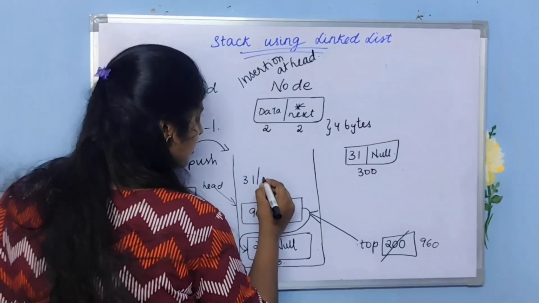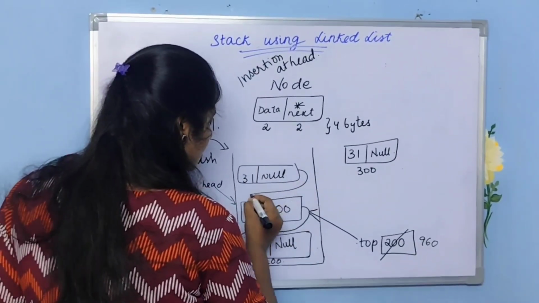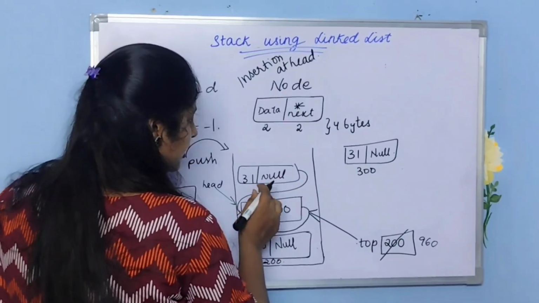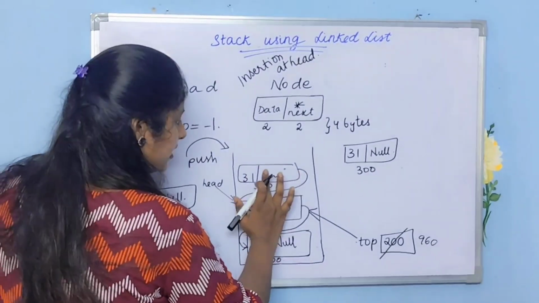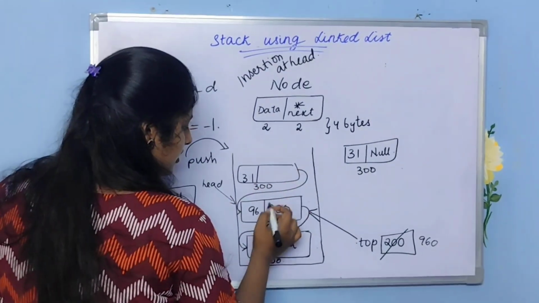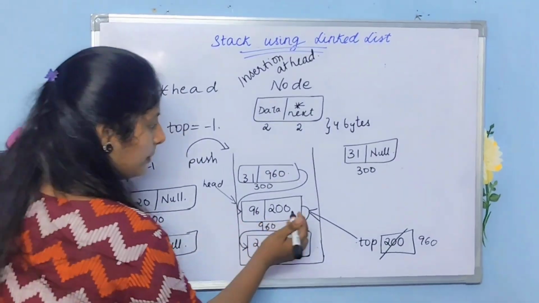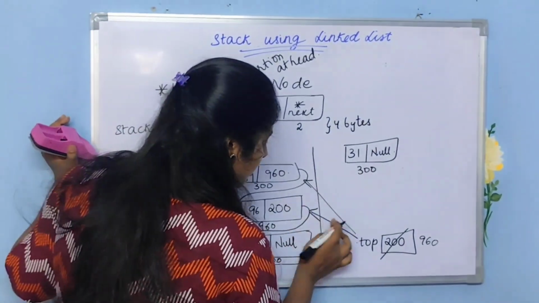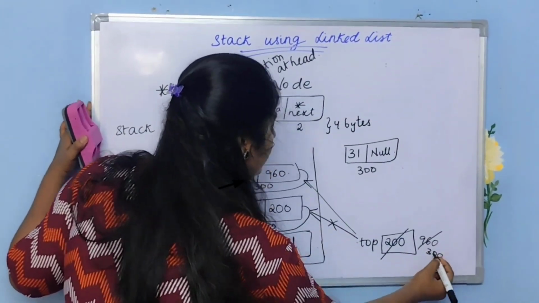So I've inserted this also. Now I've connected. What is its address? 300. So 31's next part is containing the 96 address, that is 960. Now top is pointing to this element. So now top is 300.